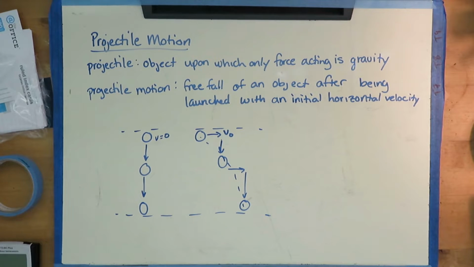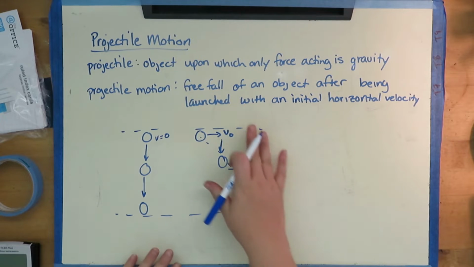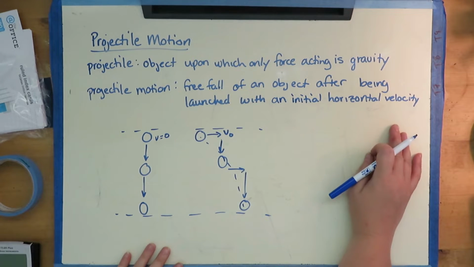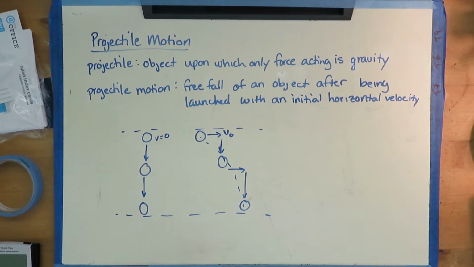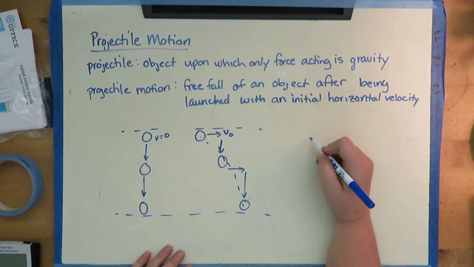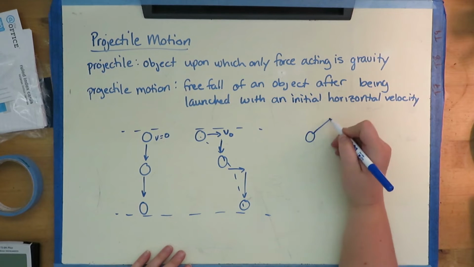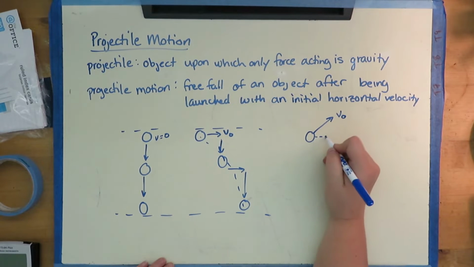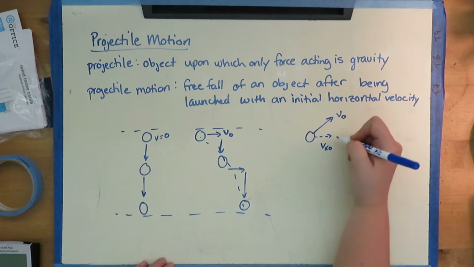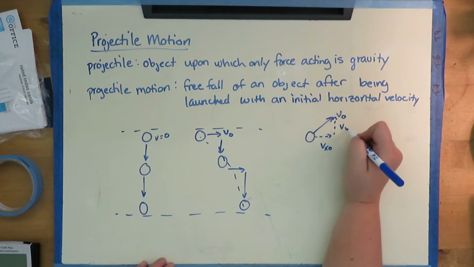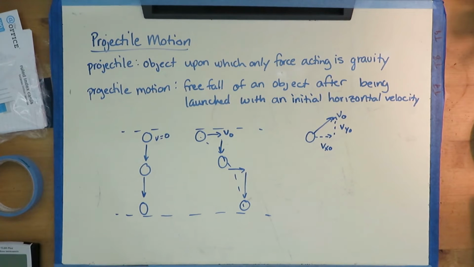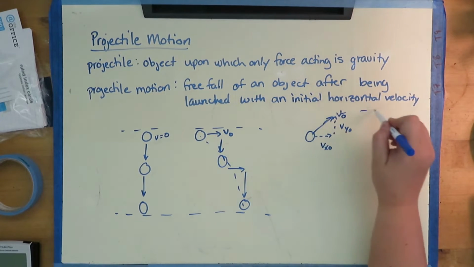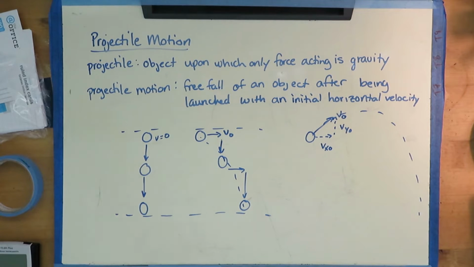There's easier problems and there's harder problems. Even though this says it has to have an initial horizontal velocity, it could also have an initial vertical velocity. So I could also do examples where I throw it up at an angle. In that case, it has both a horizontal component and a vertical component to its initial velocity, and that ball would go up and then come down.